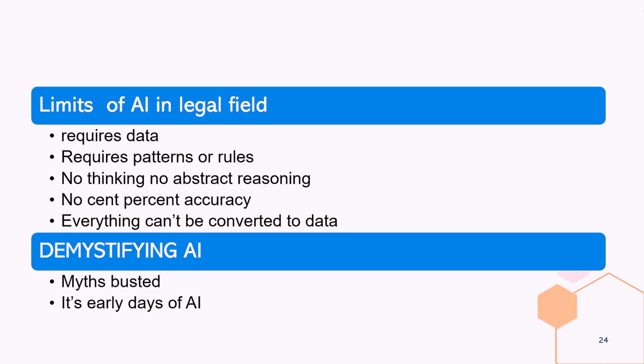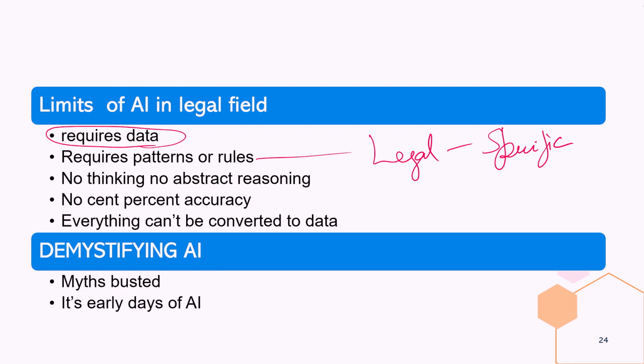Then there are a couple of limits of AI in the legal field which we have already discussed, but I am discussing it again because this is the most important challenge: things are not digitized, or it requires a lot of data, it requires patterns or rules, and in the legal field there are no specific patterns of writing judgments, of writing laws, or of law making.